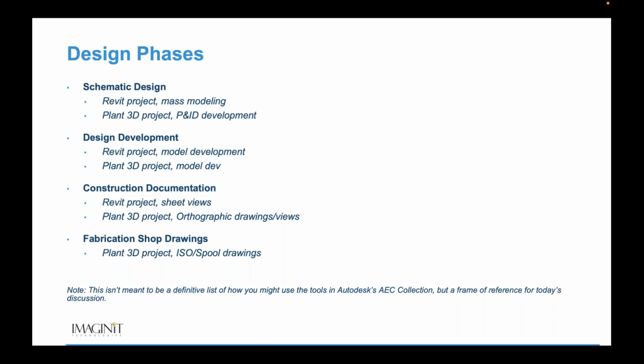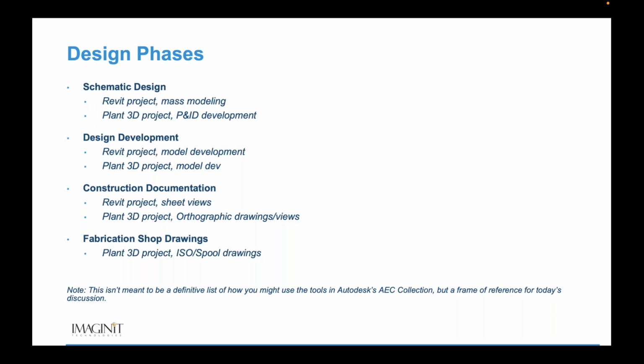This is probably the phase that demands the most amount of collaboration between the design team members. This is where a lot of the decisions are going to be made about how that project is going to end up looking or come about.